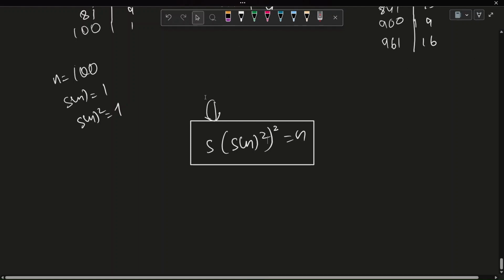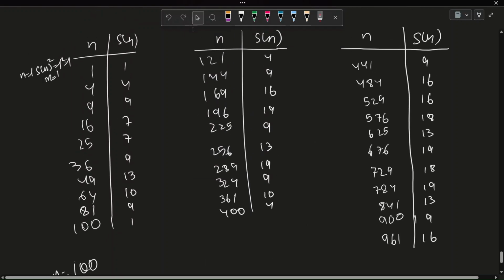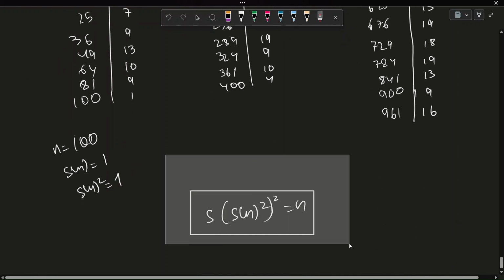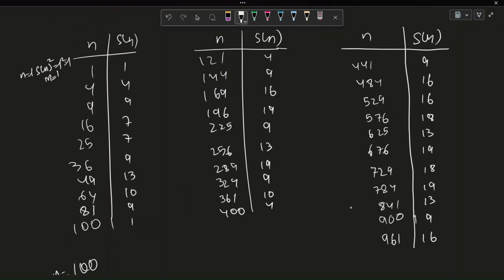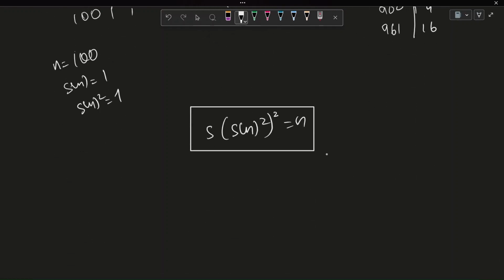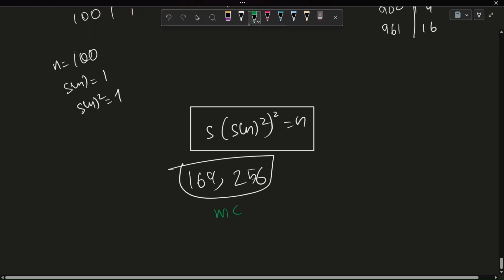So if we try to solve this, after working through all of these cases, we simply check this result for all of these cases, and you will find that only 169 and 256 satisfy this condition. So using this, because m is less than n, we can conclude that m is equal to 169 and n equal to 256. This is our result. Okay, this was the solution. Thanks.